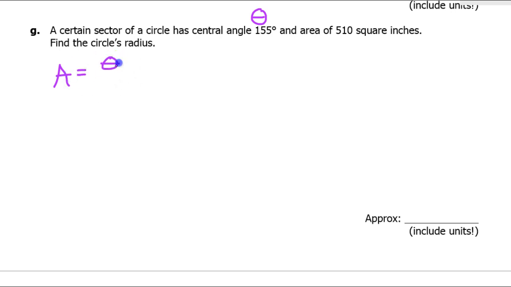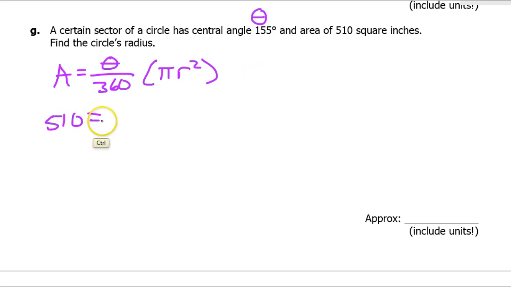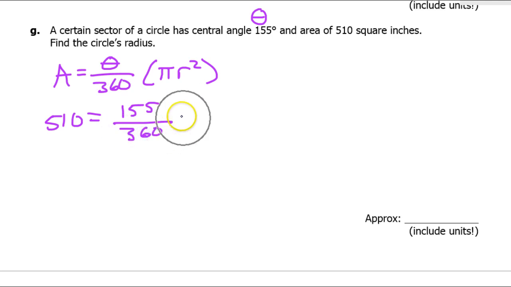The sector area is always some fraction of the whole area of the circle, the area of a circle being pi r squared. So this is the formula for sector area. We're told that the sector area is 510, so the 510 will go there. We're given theta, so that's 155 over 360, times pi r squared.